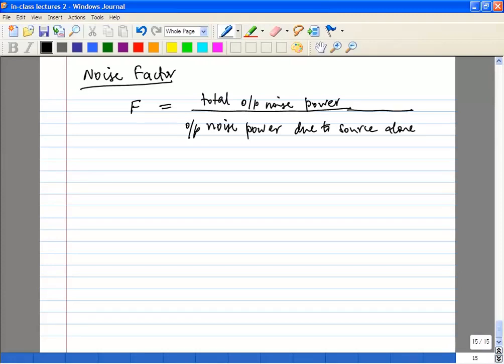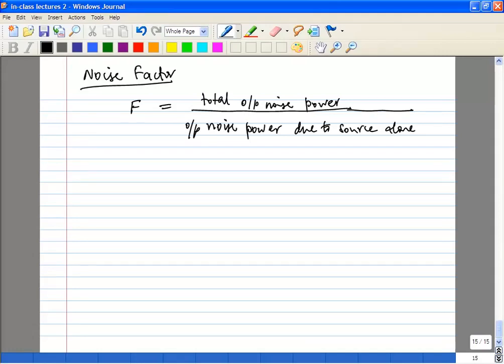So what does this mean? If you take the output noise power due to source alone, you are neglecting En and In. You're just taking the transfer function of your two-port from input to output, and the total output noise power considers both the source and the noise from the two-port. So this represents, in some fashion, the amount of noise added by the two-port. Is that clear?